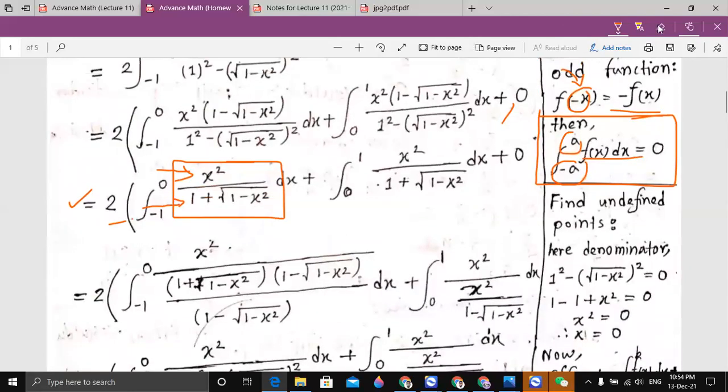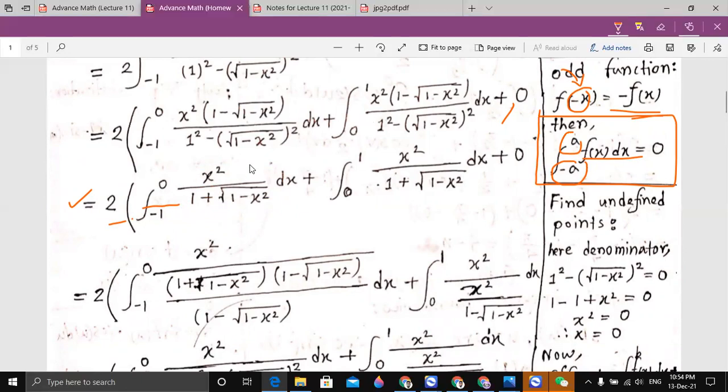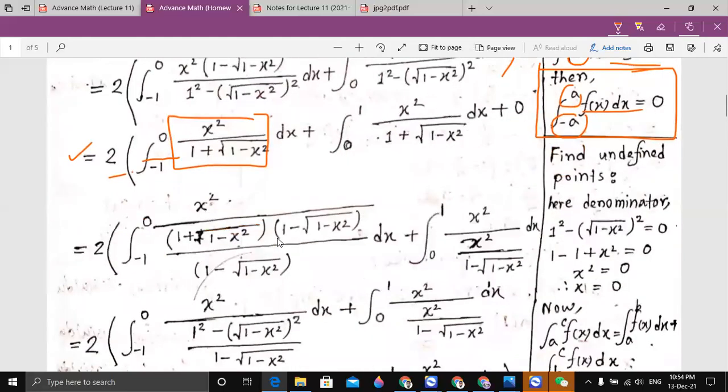Okay, but this math is not easy, okay? Fine, we get it. So here is x square by a plus root over a minus x square. So if you multiply the upside and downside using what is called the opposite sign, okay?